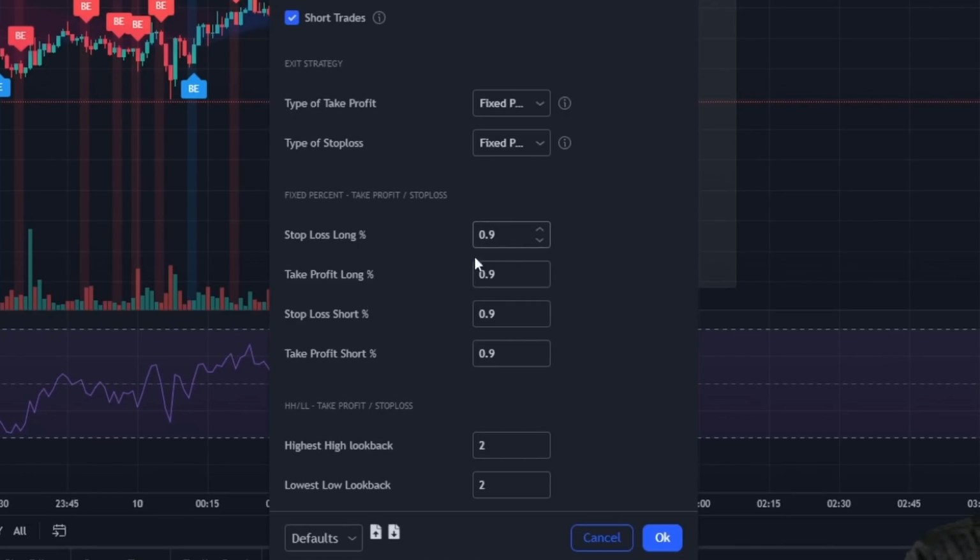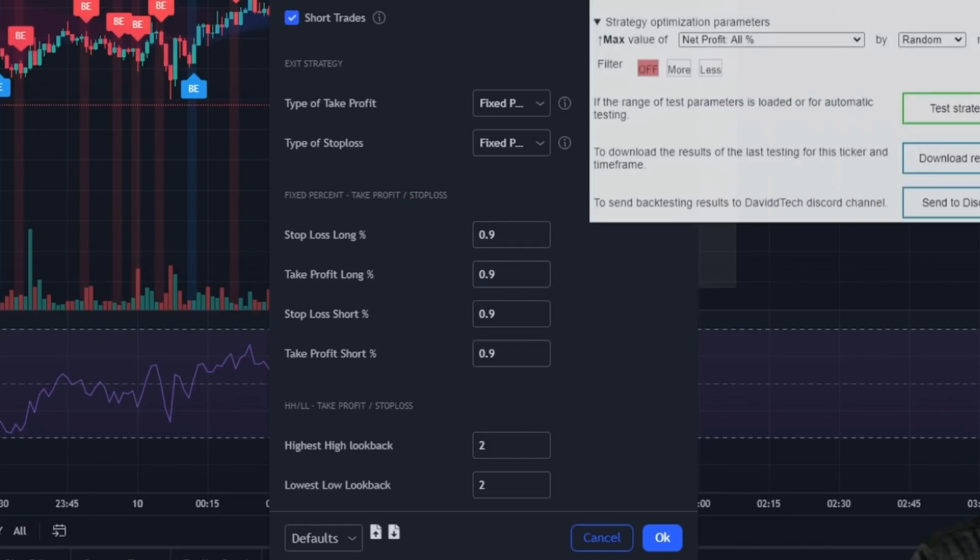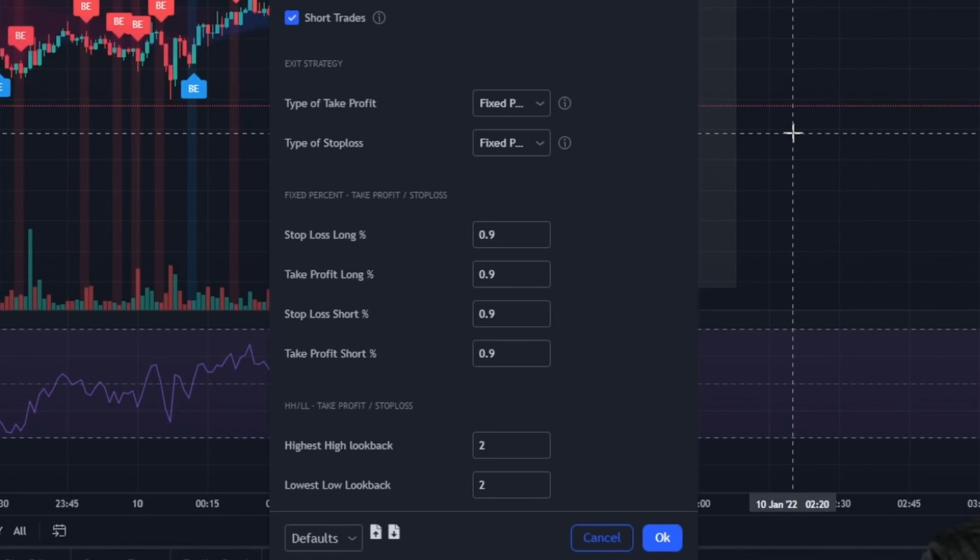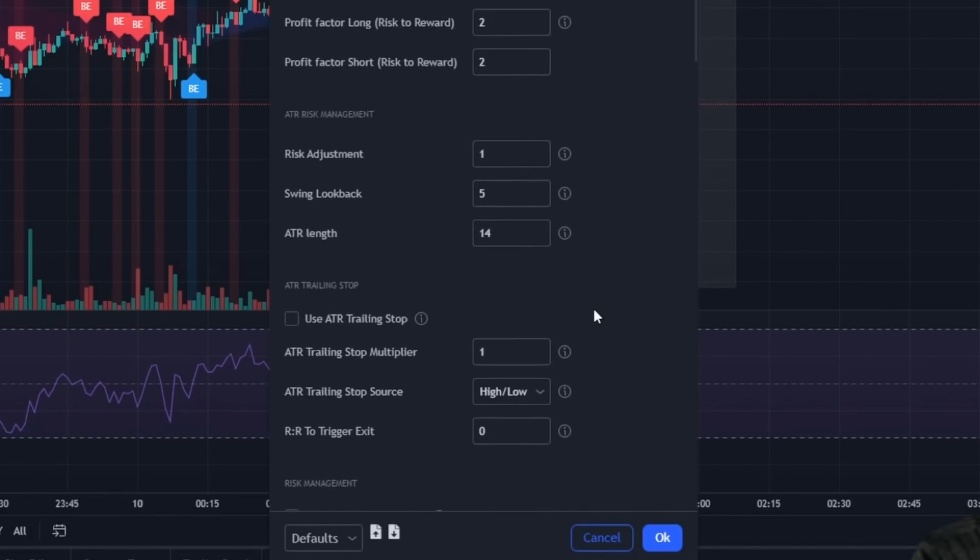So I put 0.9 and I ran it through the optimizer for about 15-20 minutes just to get some better results than I got manually, and it's come up with 0.9 as the take profit and 0.9 as the stop loss, and that's percent.